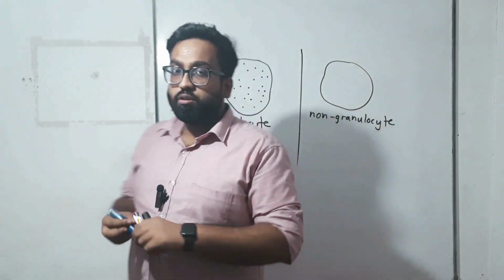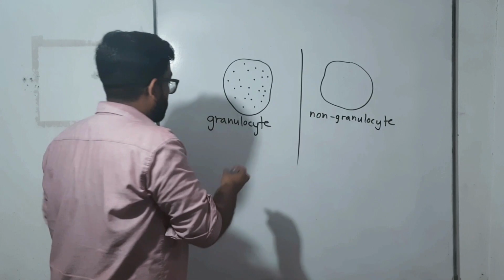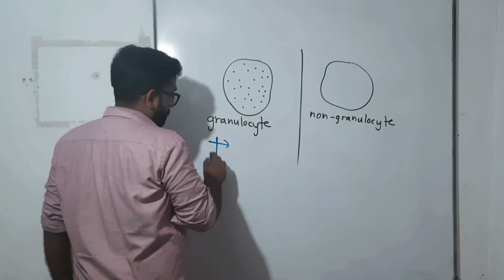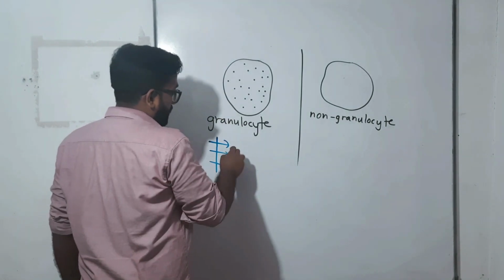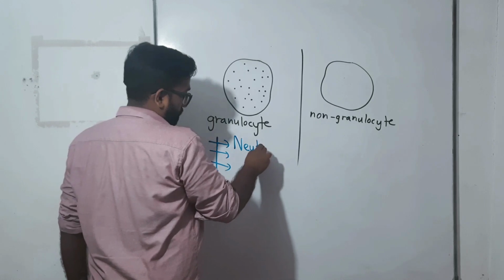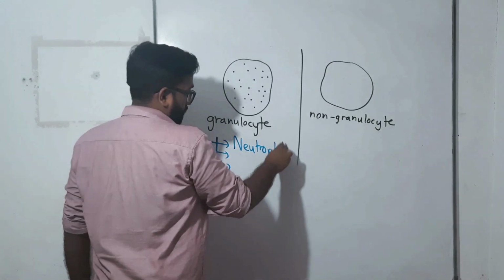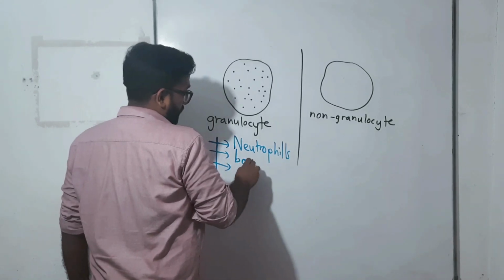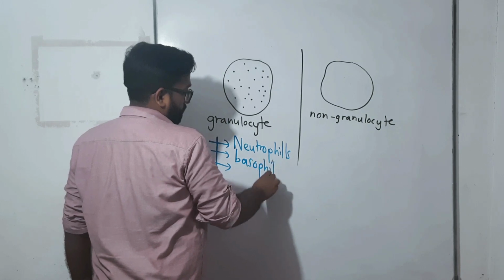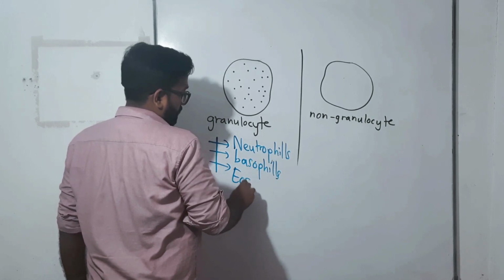Right? So granulocytes, there are three types. One is neutrophils, basophils, eosinophils.